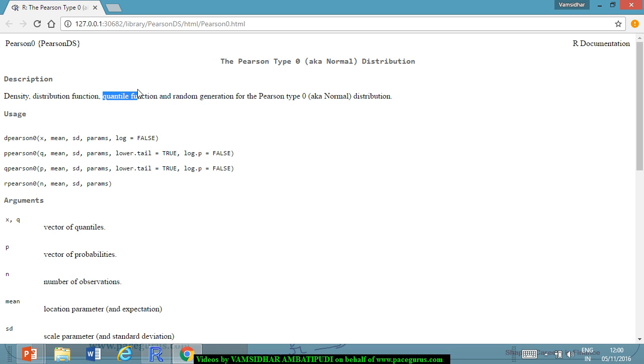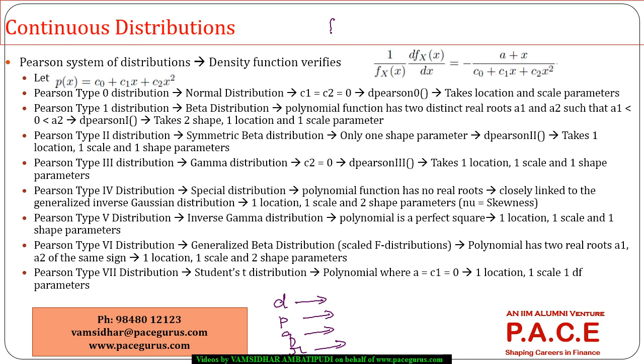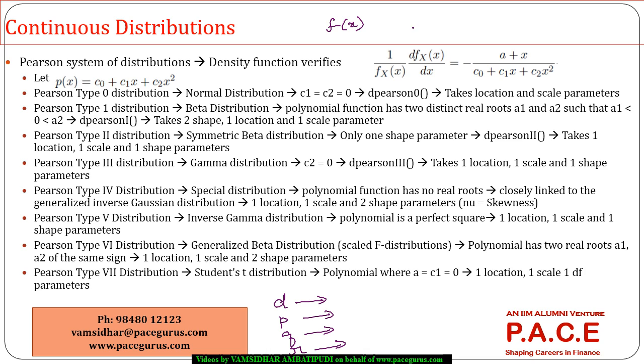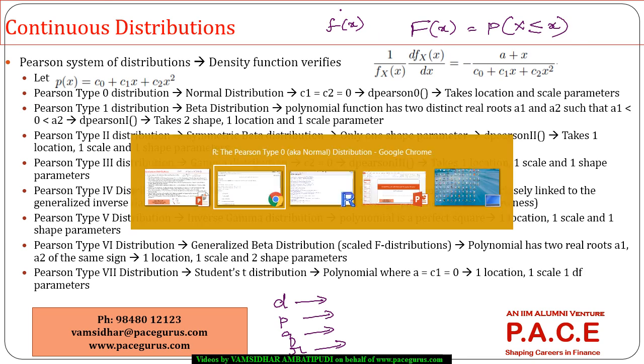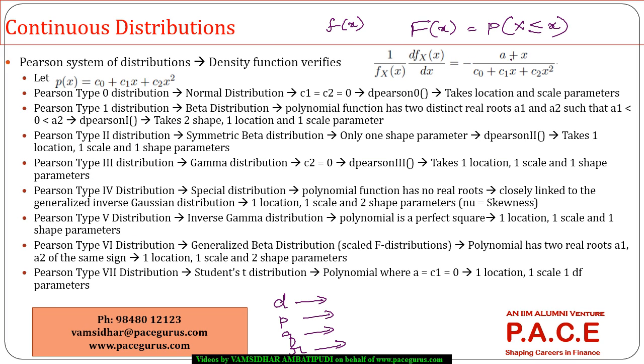So the first one gives me f of x. Then ppearson0 gives me capital F of x, which is nothing but the probability of X less than or equal to x. The third one, qpearson, is the quantile.